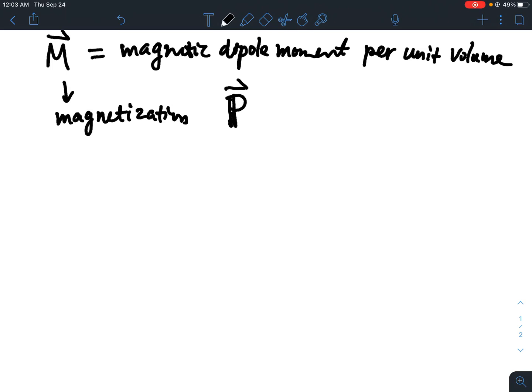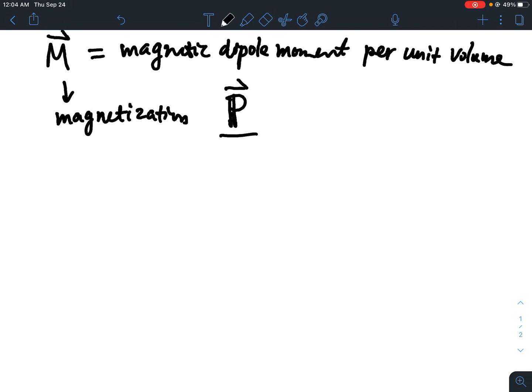When an electric field is applied, the nucleus and the electron cloud tend to separate and create a tiny electric dipole, and these dipoles tend to line up with the electric field direction and create polarization.